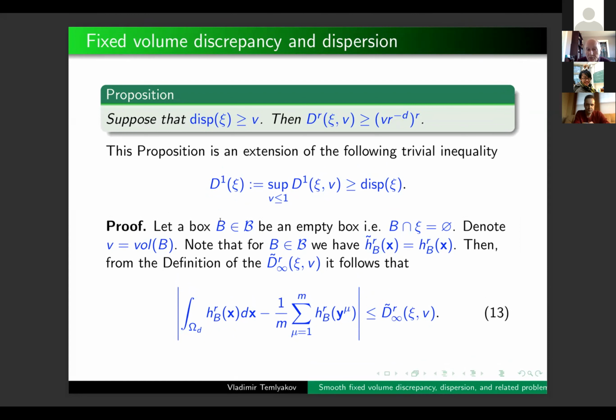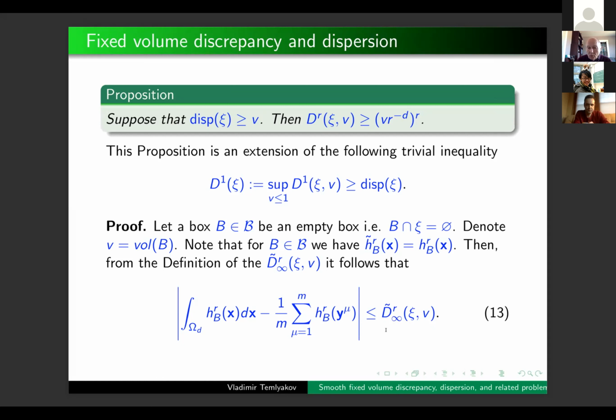For any box, we take the box, and this box is empty, so there is no intersection, and we know that the volume is bounded by that. Now we just do the numerical integration of this hat function with the support on this box B.